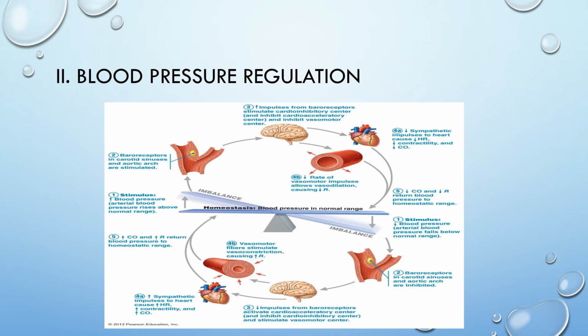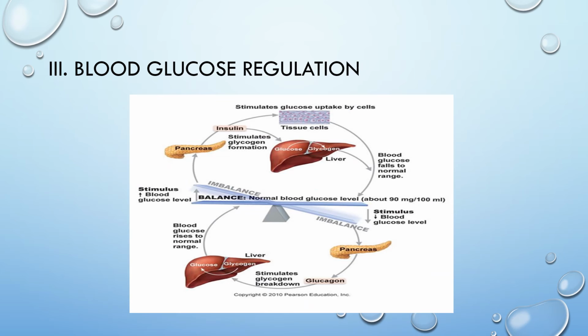All the effects, which are decreased cardiac output and decreased vascular resistance, will eventually return the blood pressure towards the normal value. So these are the negative feedback mechanisms that occur in order to regulate blood pressure.